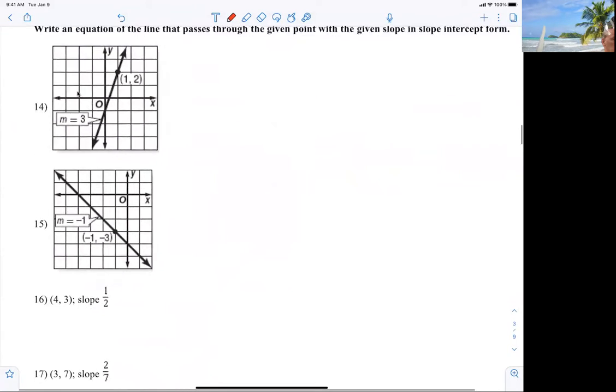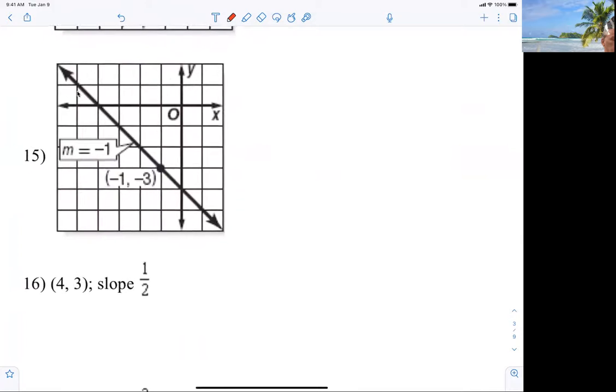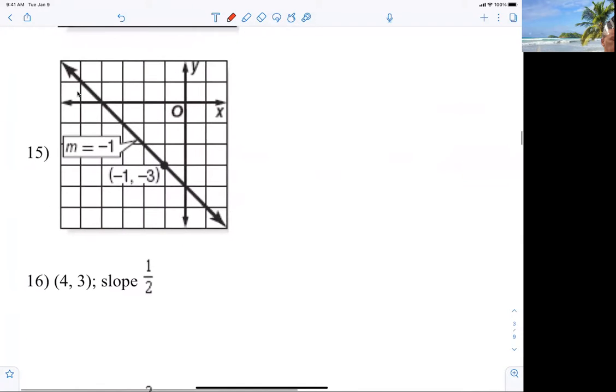Okay, so this one now, it says, write it in slope intercept form. Number 15, look at 15. Now here, I know that the y-intercept is what? -4, right?